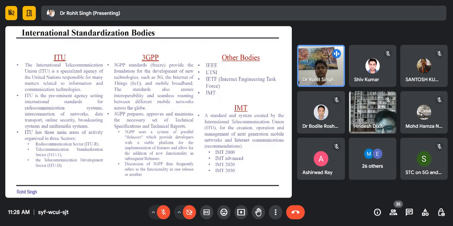The last ones were held in 2019 and 2023, and so on. It is periodic, so we sit together periodically and try to formulate different standards for previous and next generations. Other bodies are IEEE and ETSI.